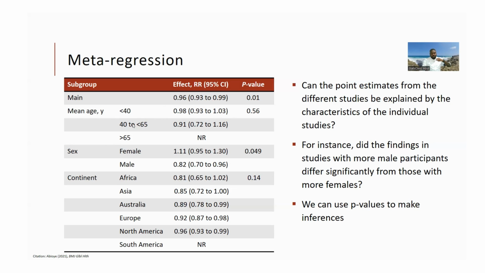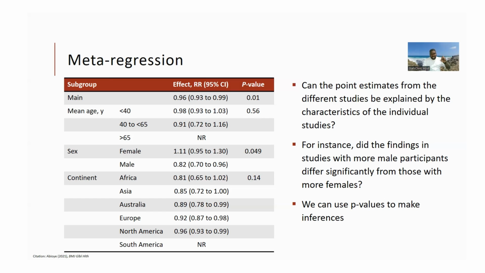Among studies where the mean age was between 40 to 65, what would the pooled estimate be? So you can then use meta-regression to generate a p-value that tells you whether that particular characteristic significantly influences the result.